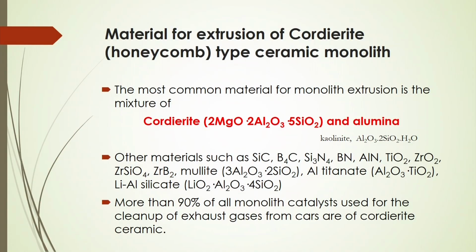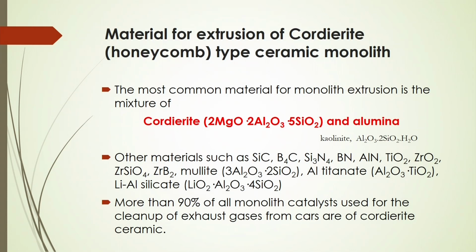Then you have to add alumina to the cordierite, which is basically obtained from the ore kaolinite, that is aluminum oxide and silica crystals. So, the main material initially used in the extrusion process for the preparation of ceramic monolith is the cordierite material.